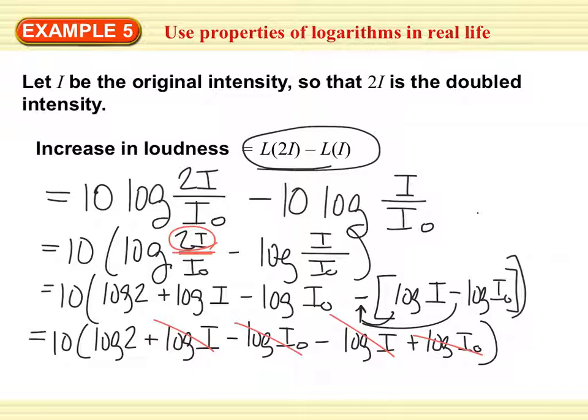What do I have left? Ooh, it looks like I'm changing colors because I'm almost out of space and it gets confusing. 10 times log 2 is all I have left, right? I can actually calculate that. So 10 times log of 2 gives me 3.01 decibels. Okay, that was tricky, I know.